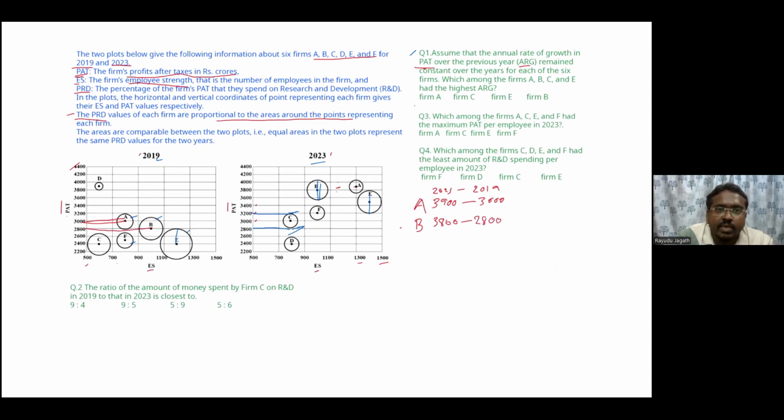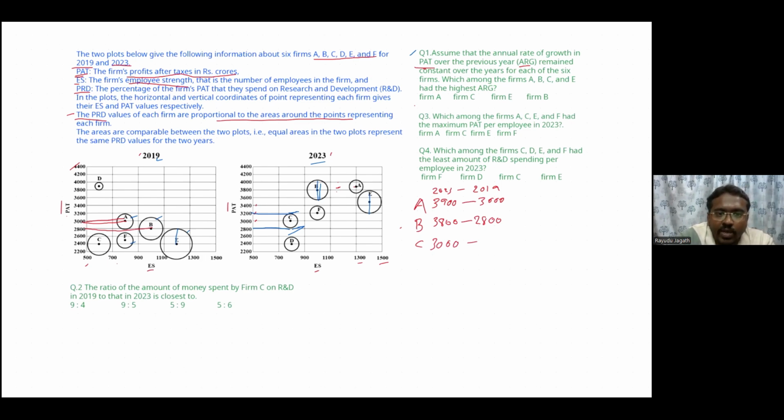And C firm is having in 2023 3000, and in 2019 it is having 2400.